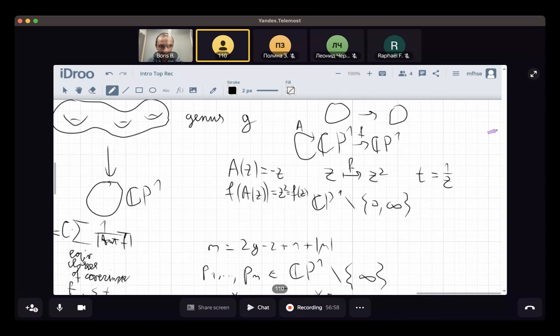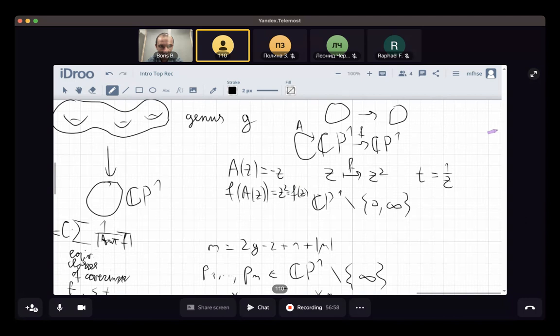And how many automorphisms do we have in this case? Just two. We have the identical one and this one. Why don't we have any more of them? Why can't we have some other automorphism? Every point has two pre-images, so by continuity, you get only those two.